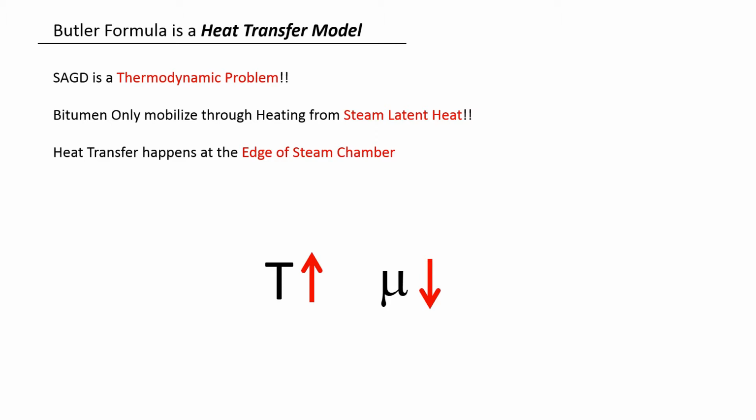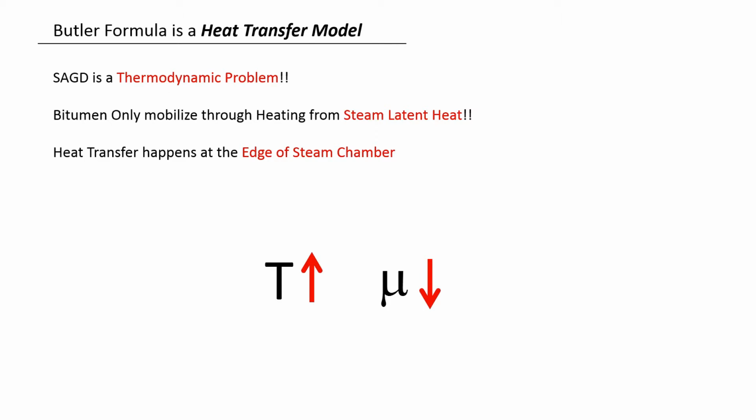So a lot of people ask me, where is the quality of steam that we're injecting in the Butler formula? It doesn't have a quality. And that's really because the quality change of steam doesn't change the temperature for the constant pressure.